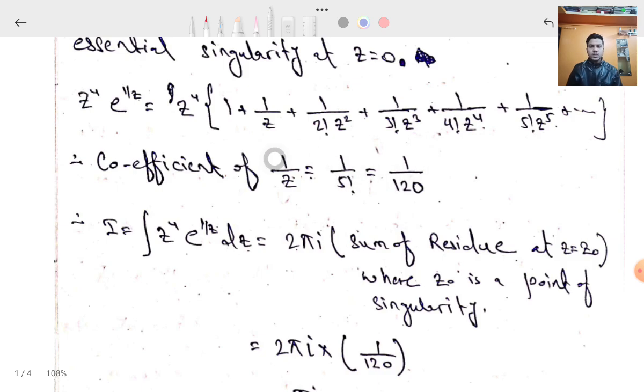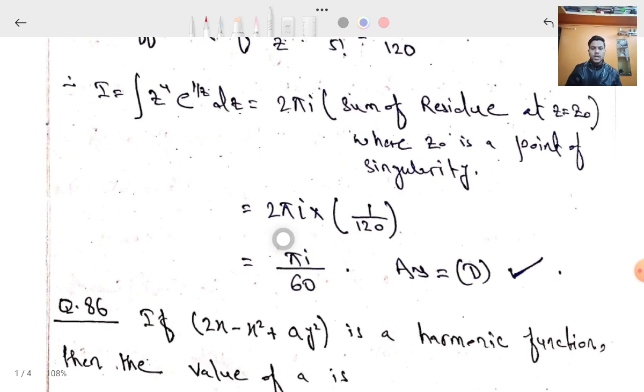So we have to find the coefficient of 1 by z, and the coefficient of 1 by z will be obtained when z to the power 4 is multiplied by 1 by z to the power 5, and then the coefficient of 1 by z equals 1 by 5 factorial, which is 1 by 120. Therefore, integral I equals 2 pi i times the sum of residues at z equals z naught, where z naught is the point of singularity.